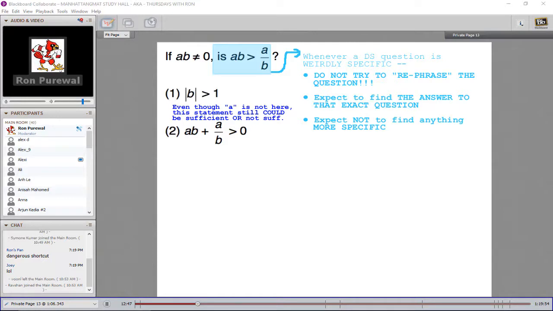So, okay. For statement 1, let's test some cases. It should be pretty clear that you're not going to be able to do algebra here because signs are an issue. This is an absolute value sign, which deals fundamentally with positives and negatives differently.